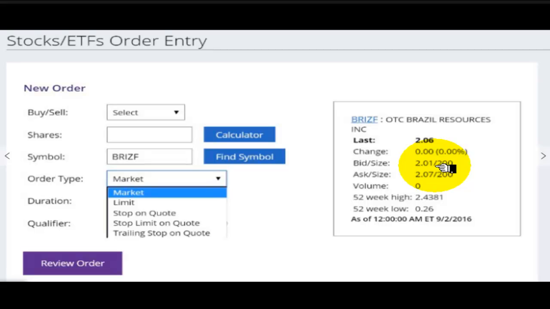This is currently what someone has a limit order in to buy the market at, because this bid is under here, and that's 201, which means that this is a limit order and they're trying to buy a pullback from this price. So again, here's your spread. You've got the market in at 206. You can try to get it at 206. A market order is going to fill you immediately regardless of what it is.